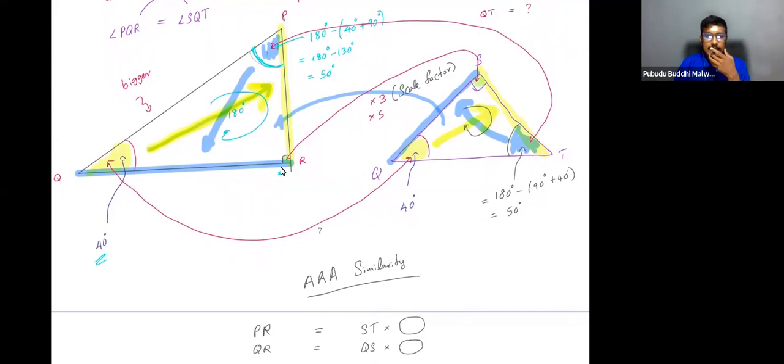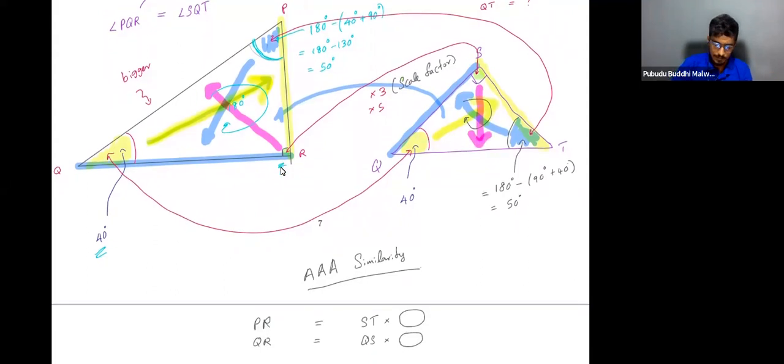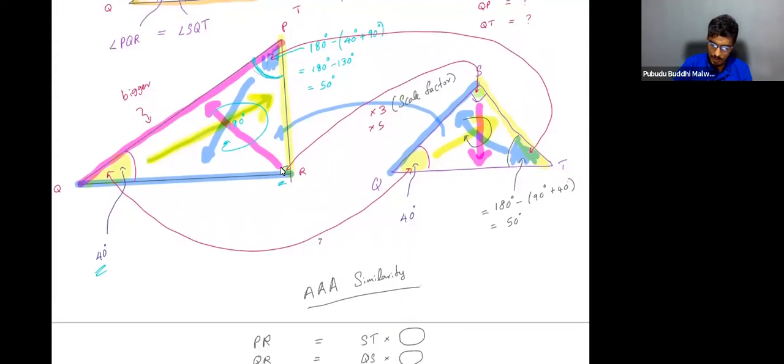Then the 90 degree angle, again the opposite sides, right? 90 degrees opposite side. Then here 90 degrees opposite side. Again write the relationship. QP, QT.